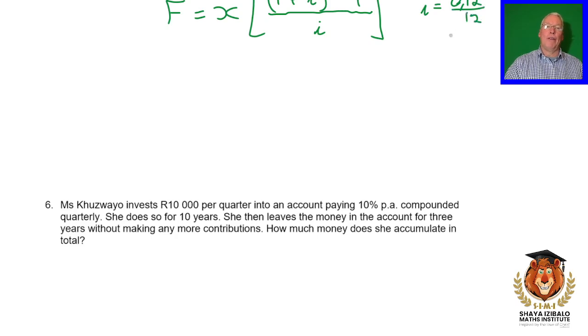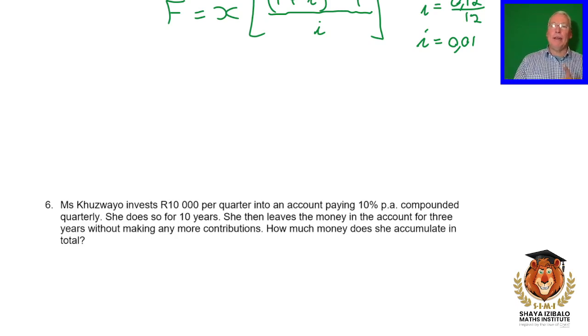Now, because that works out so nicely, I'm just going to use my I value as 0,01. It's 12% per annum, compounded monthly. It's 1% per month. Okay, this is how much will I have after 10 years.